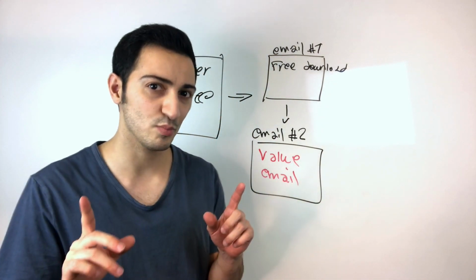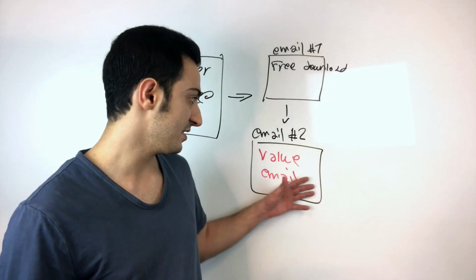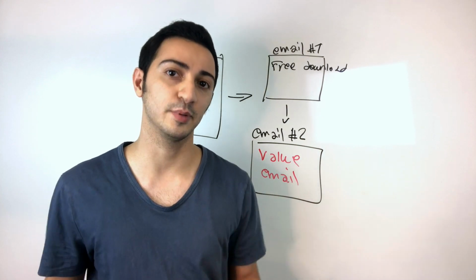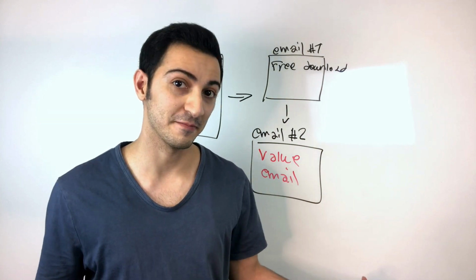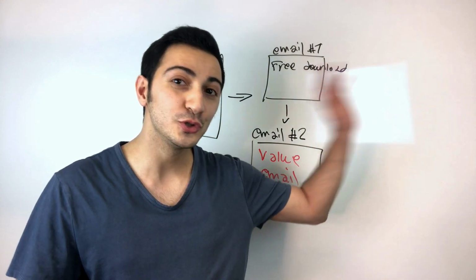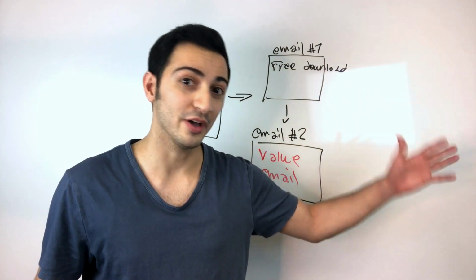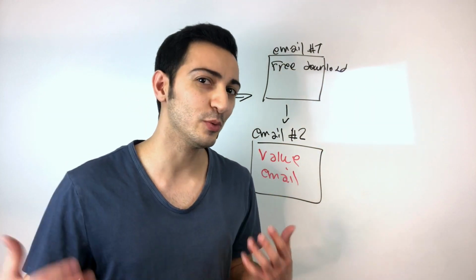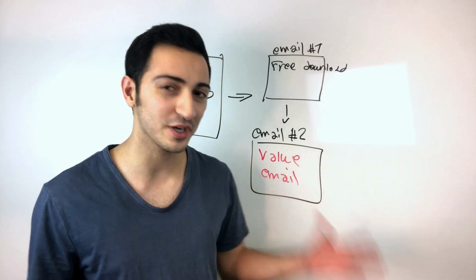Now this is the important part. In this email, you don't want people to click anywhere. This is something that people used to do a lot back then, and I don't know why, but people stopped doing it, and this is incredibly powerful.